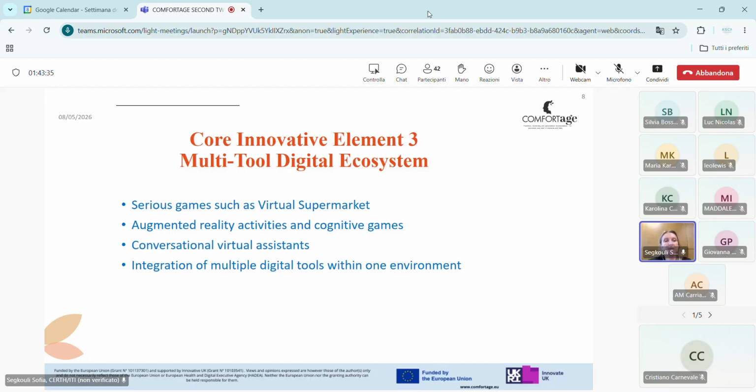Serious games such as a virtual supermarket, augmented reality activities, cognitive games, conversational virtual assistants, and also the integration of all these multiple digital tools within one environment provide a unified approach, not only to support early prevention, but also improving user engagement, personalization, and long-term usability.